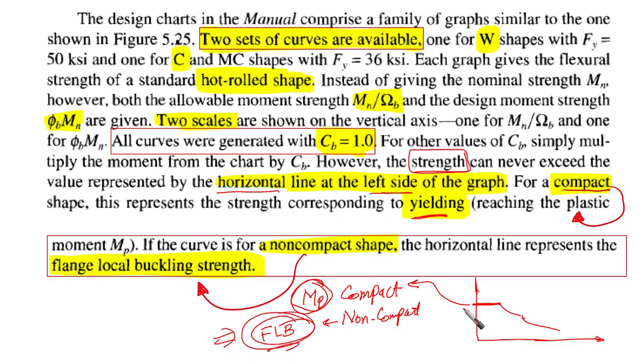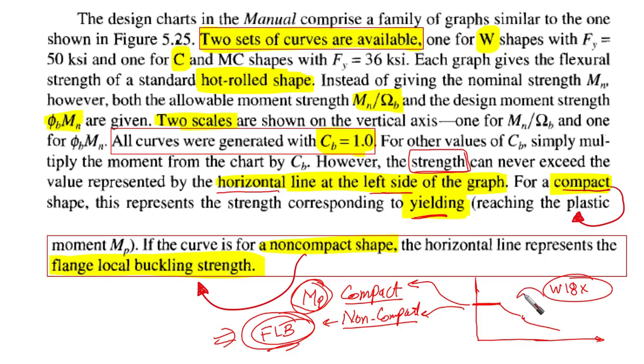Okay, so it depends on whether our shape is compact or non-compact. You are not going to find on the charts or in the curves whether this shape is compact or not. They are not distinguishing, they are not giving any hint about this. You need to know whether your shape is compact or not from the other tables.